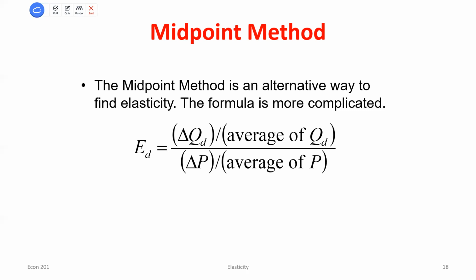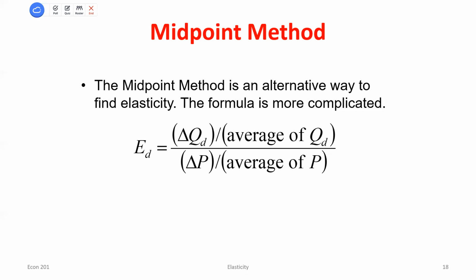So here, what was my change in the price? I was going from $1 to $2, so 2 minus 1. How do I find the average of two numbers? I simply add them up and divide by 2.